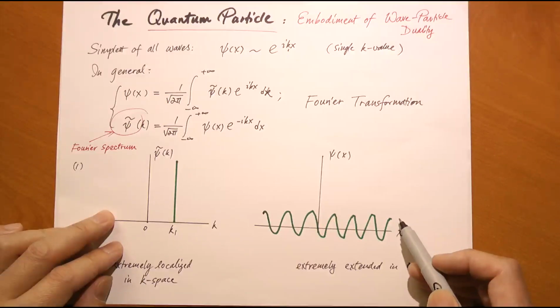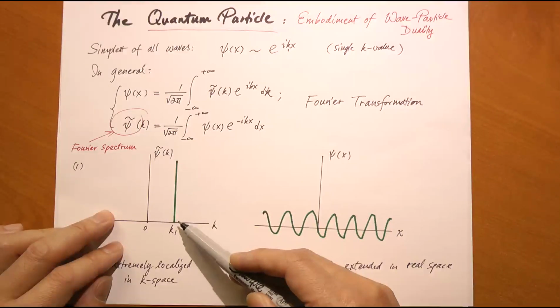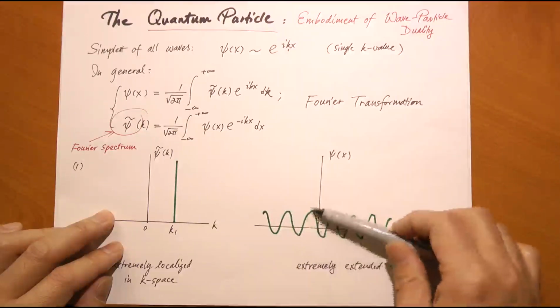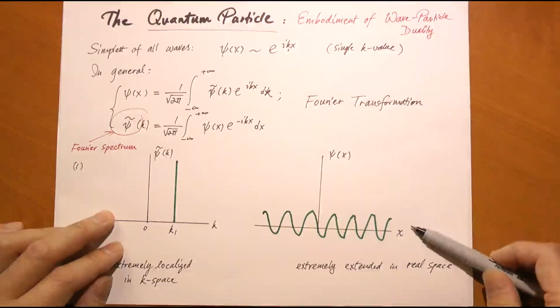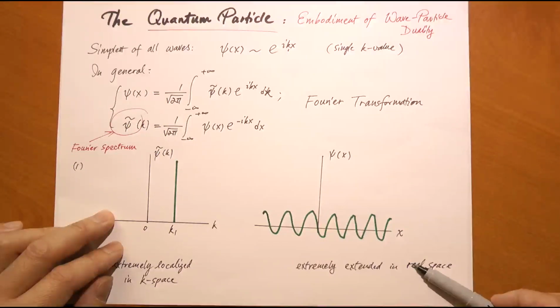Now, what that means is that I can use a single component k1 to construct a wave which is infinitely long in x, in real space. So here is k space, here is real space, or the conventional space.